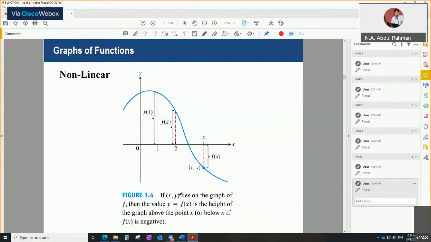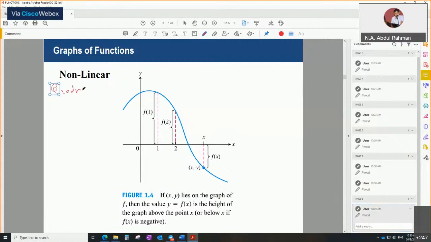So of course, apart from linear, we have non-linear. You might have dealt with quadratic, maybe cubic, and maybe some of you might have explored a little bit of quintic. And then we have quartic first.